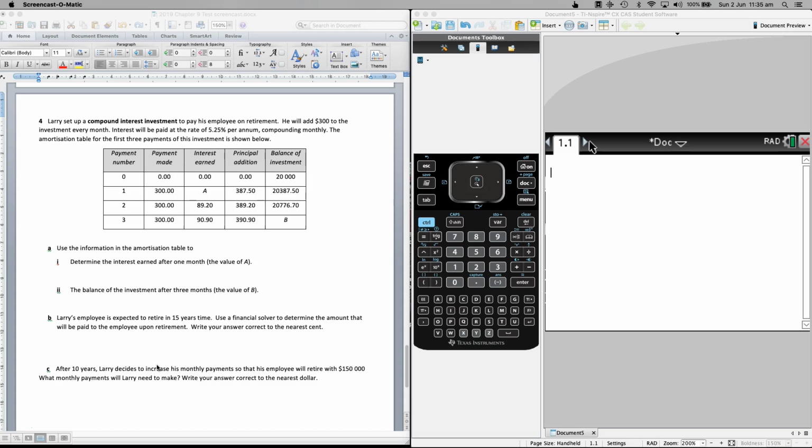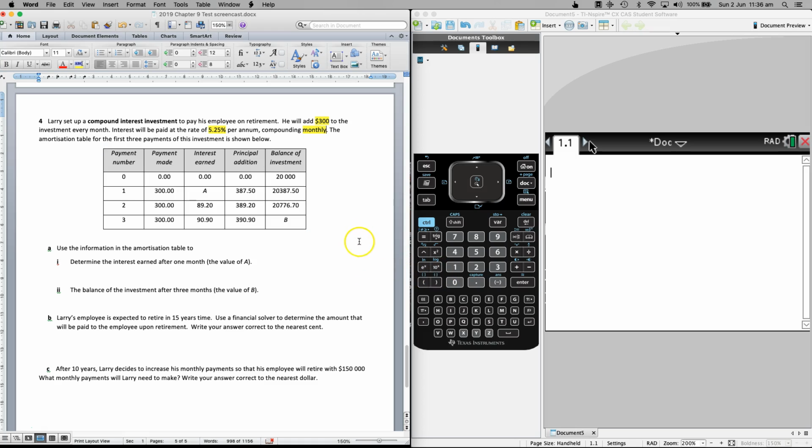Okay, so let's have a look at the main points of the question. He's going to add $300 every month. The interest is going to be paid 4.25%, and we need to take note that's compounding monthly. And we're given the amortization table for the first 3 payments so that we can work some things out.